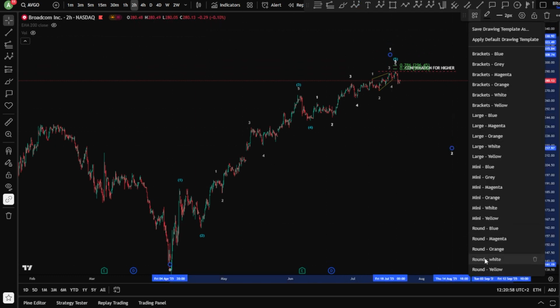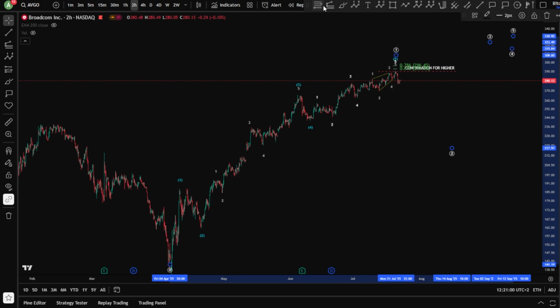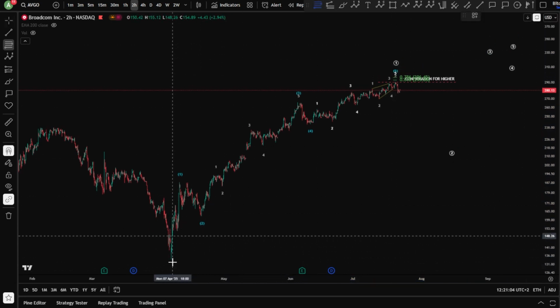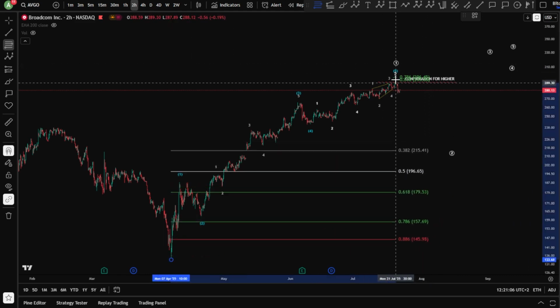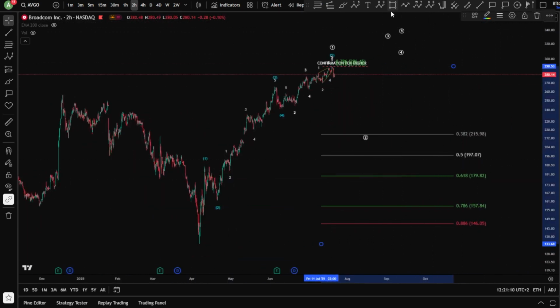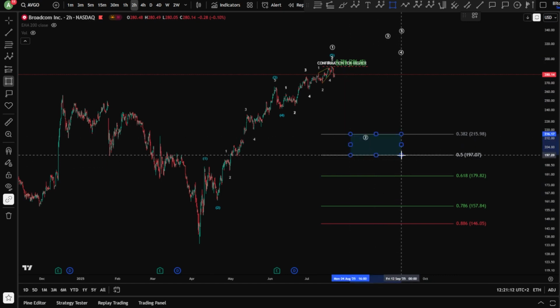This wave 2 might be the following target by having the fib level taken from the bottom of this wave 1 to the top of it, and having a wave 2 between the 0.38 fib level taken from this wave 1.